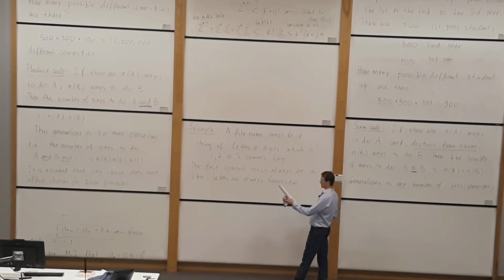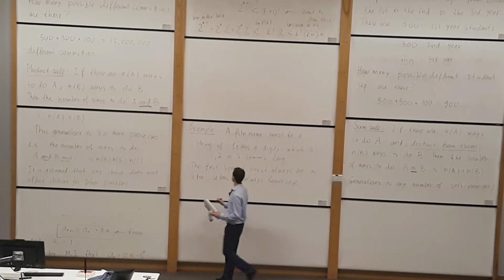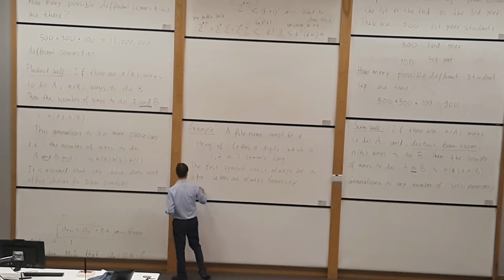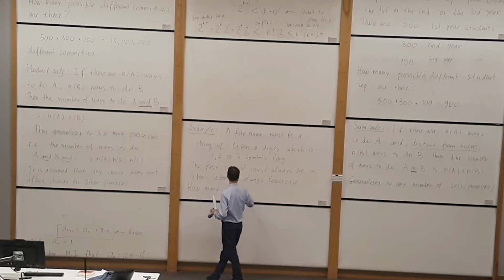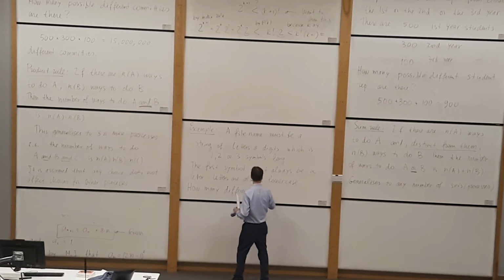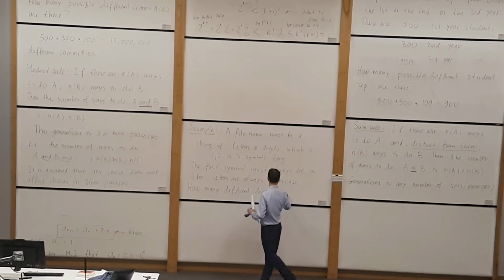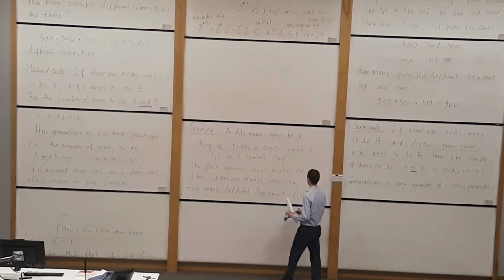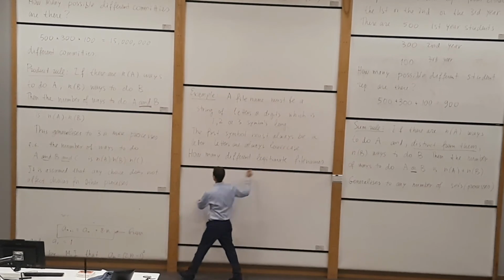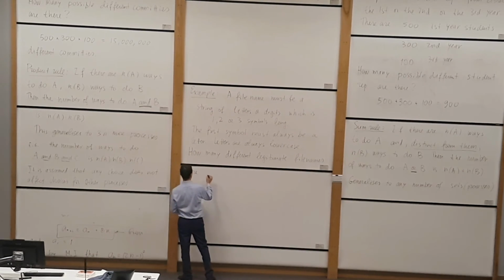How many different legitimate file names are in this system?